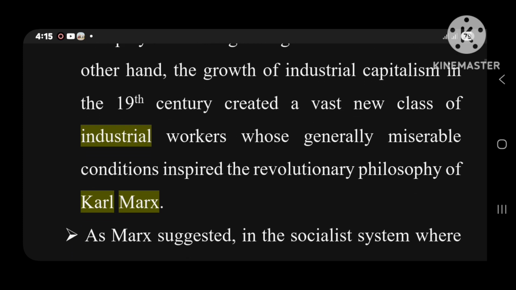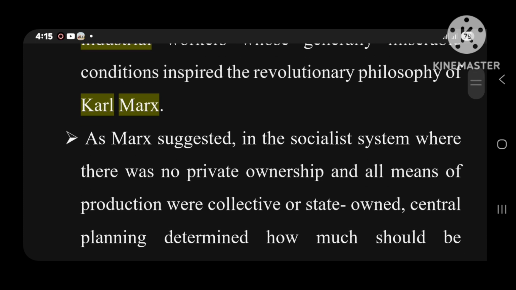In the 19th century, another group emerged related to the bourgeoisie class. These are the working classes. The working class or proletariat were highly exploited by the capitalists. Such situations created the philosophy of Karl Marx. Karl Marx was one of the proponents of the socialist economy.